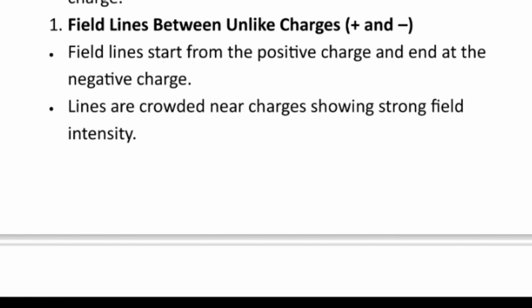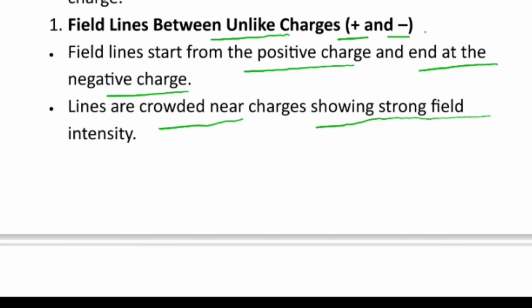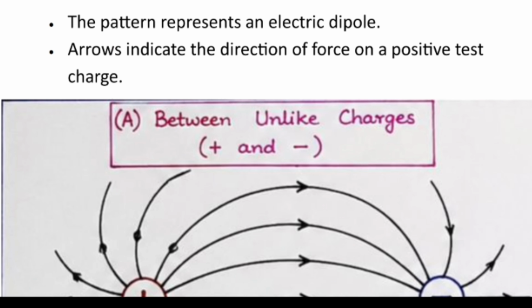Between unlike charges, positive and negative, the field lines start from the positive charge and end at the negative charge. The lines are crowded near the charges, showing a strong field intensity. These patterns represent an electrical dipole. Arrows indicate the direction of the force on a positive test charge.